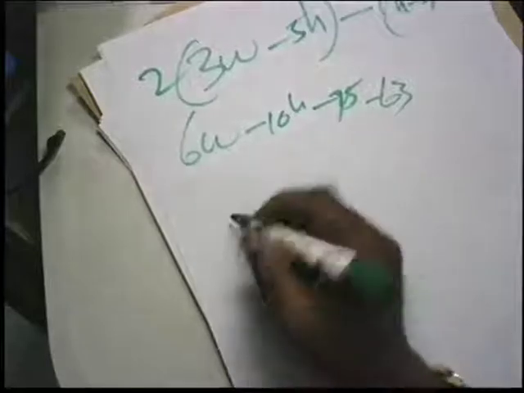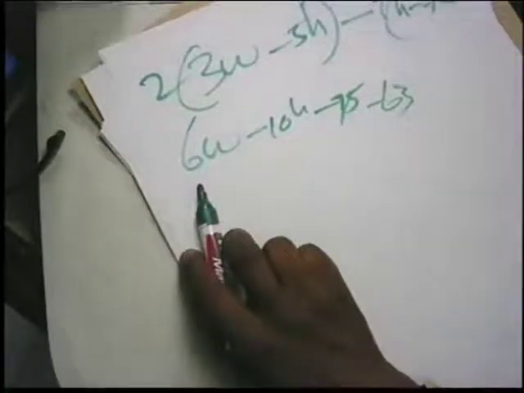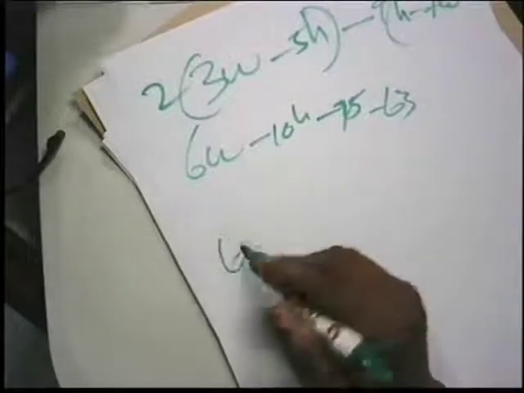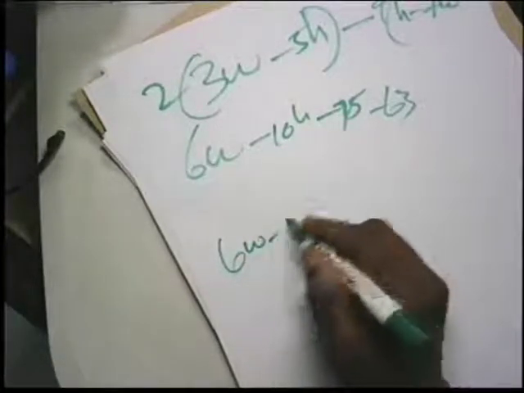How can you do it? It can come in this way. When you open the bracket, you collect the like terms. Like terms are figures with the same variable. So 6w plus this one will come here, plus 7w, 6w minus 7w.